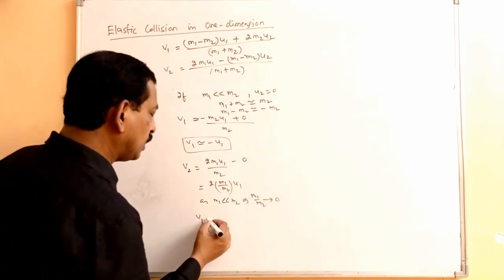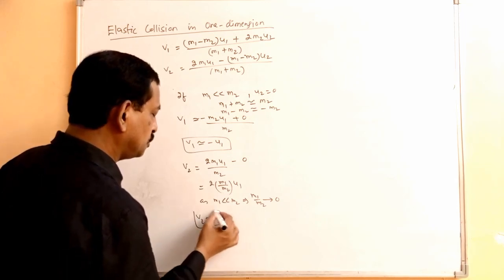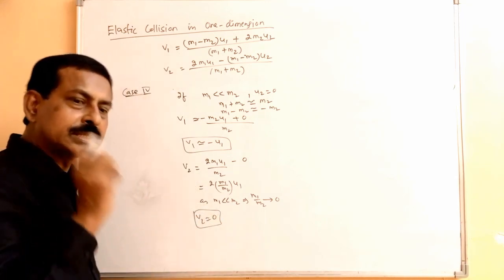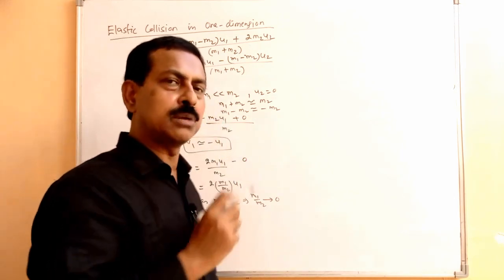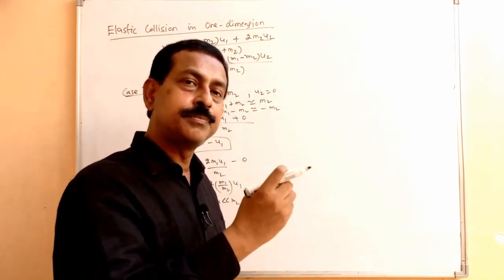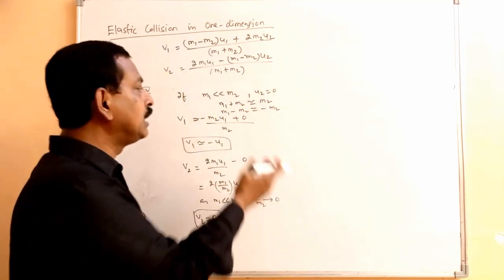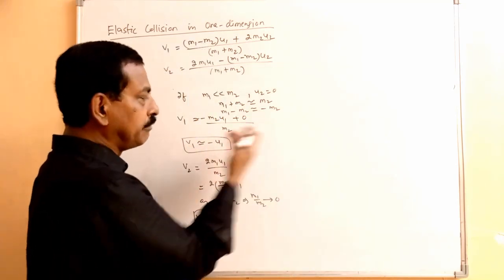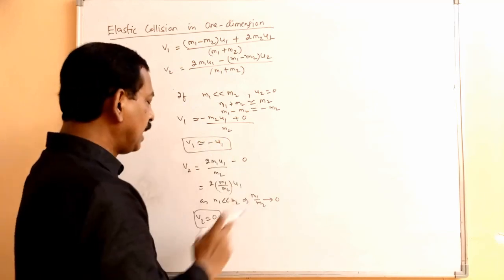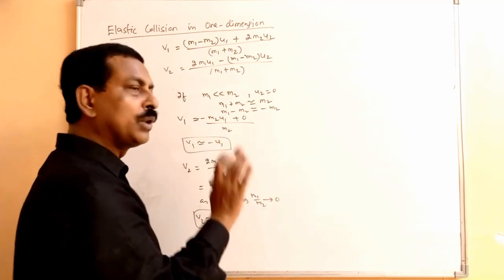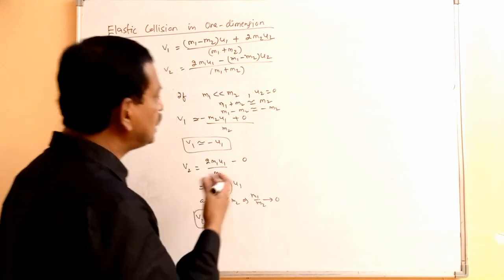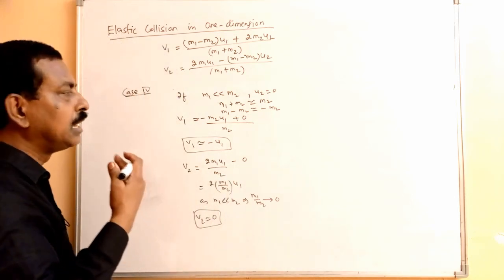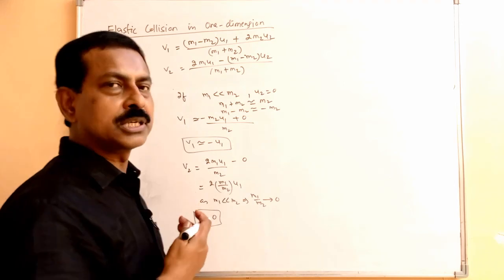So v2 will be nearly equal to 0. That means if a lighter body collides with a much heavier body which is at rest, after elastic collision, the lighter body will be reflected back with minus u1, whereas the heavier one will continue to be in the state of rest. So these are some cases which we can get in one-dimensional elastic collision.